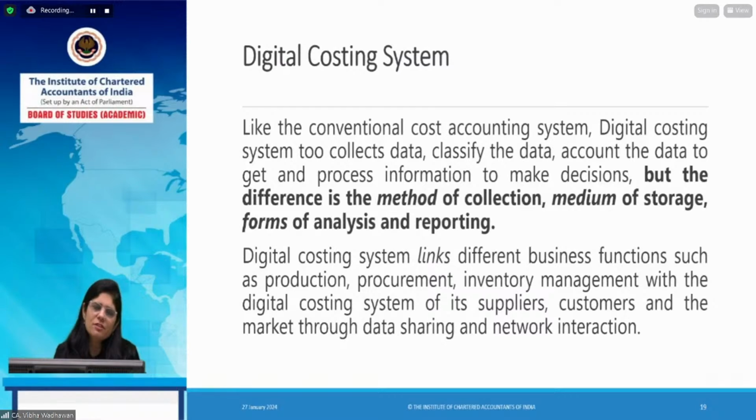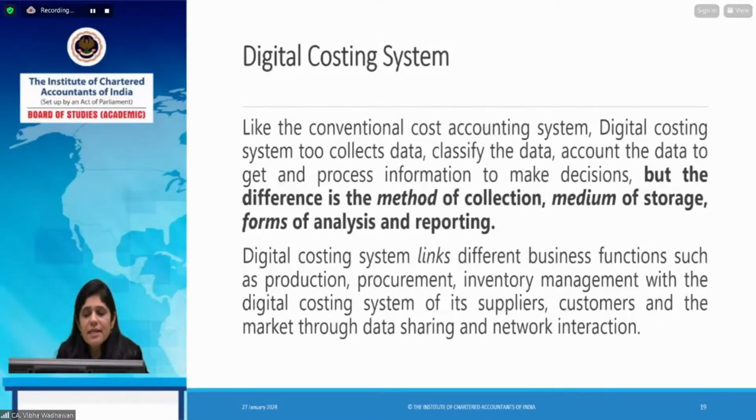Digital will have its own coding, its own format, medium of storage, how the data is stored, how the cost is stored, and forms of analysis and reporting. Earlier the manual forms of reporting were different; here the digital forms will be different. Those digital forms will go to each and every department, because through ERP all the departments are integrated.